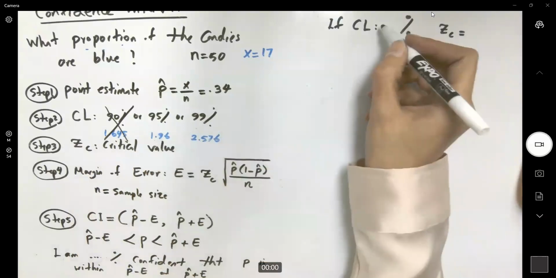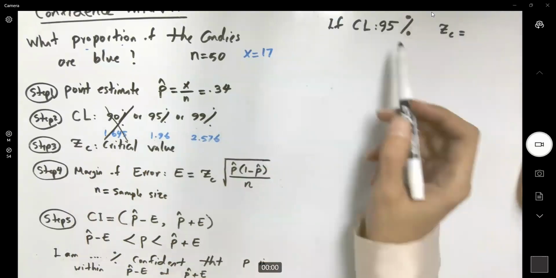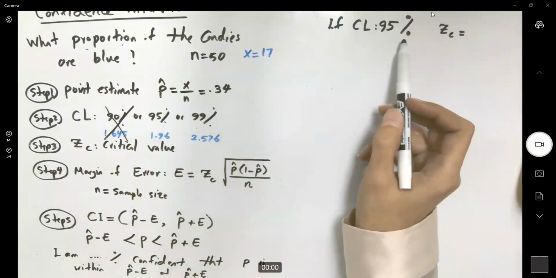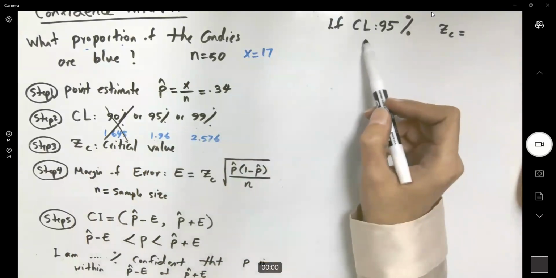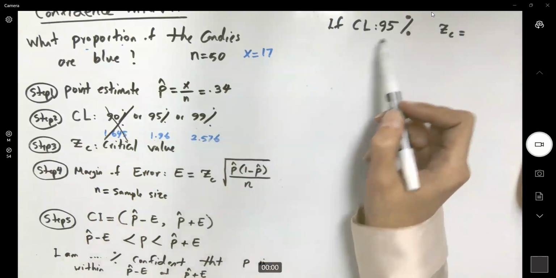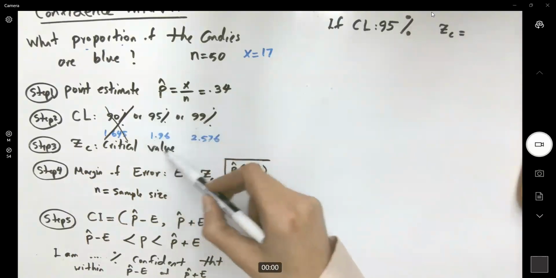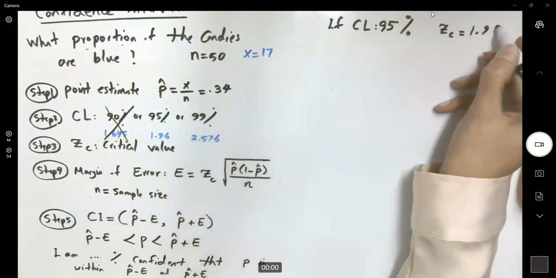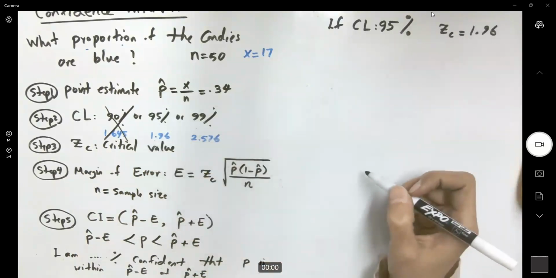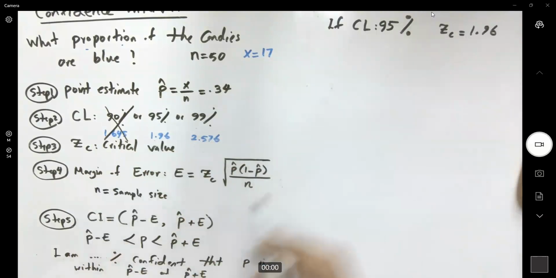Now we are interested in knowing what if I change the confidence level to 95%? What happens to my confidence interval? So if confidence level is 95%, we know that the z-score or critical value z sub c is 1.96.